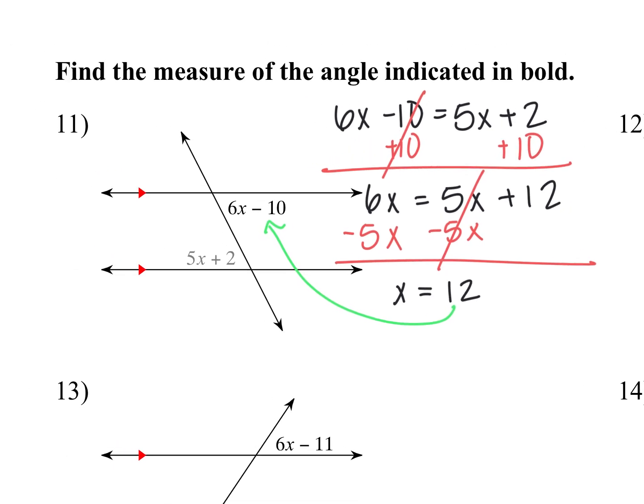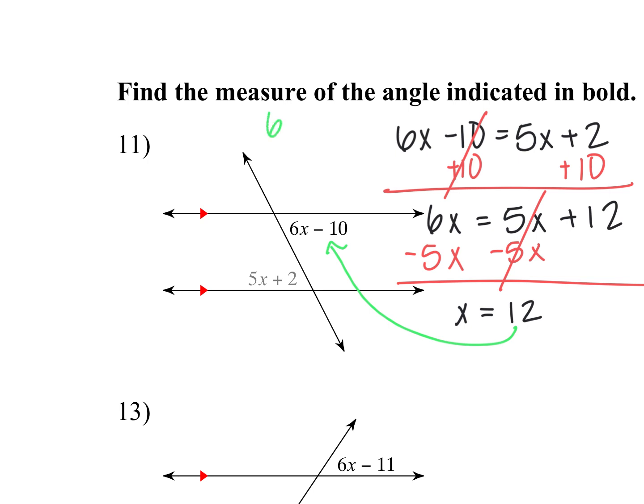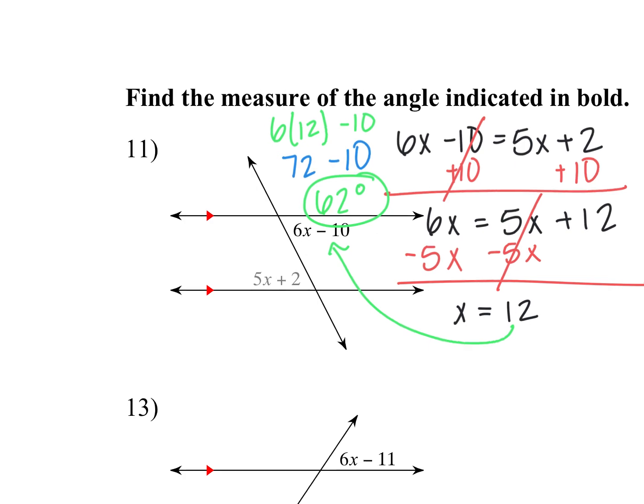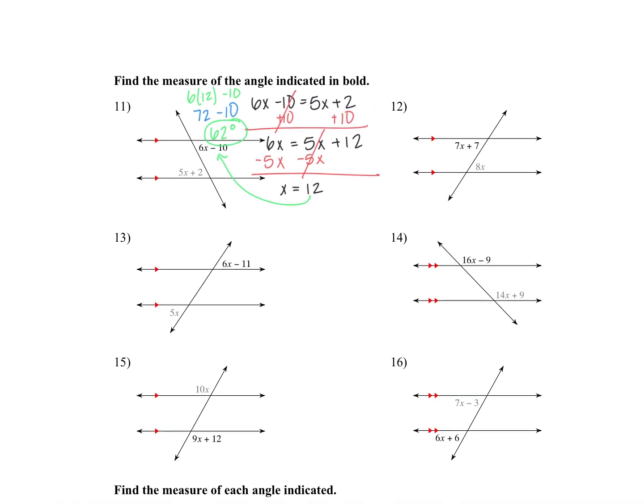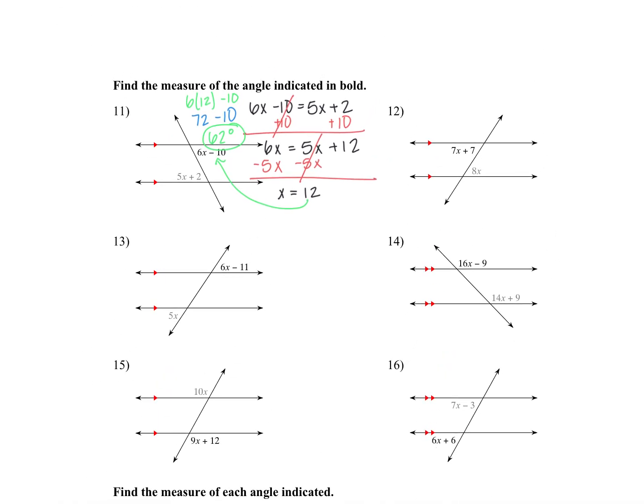So I'm going to have 6 times 12 minus 10. 6 times 12 is 72, minus 10 gives me 62 degrees. These are all the exact same concept.